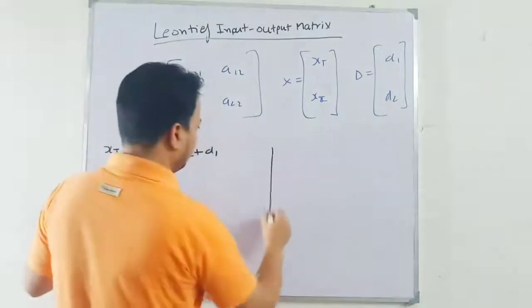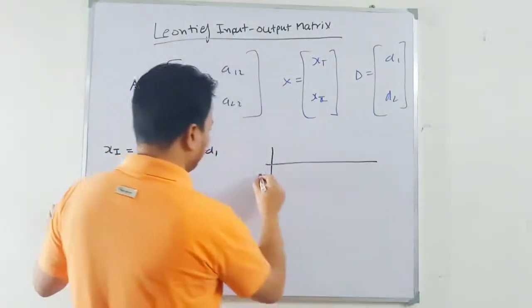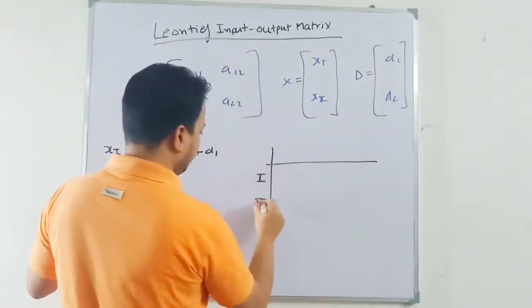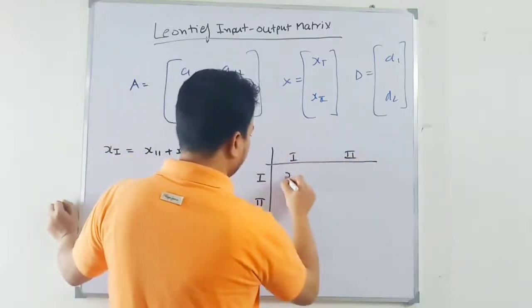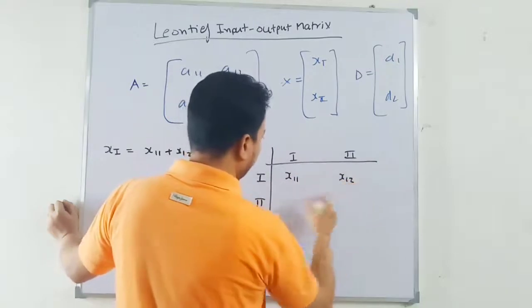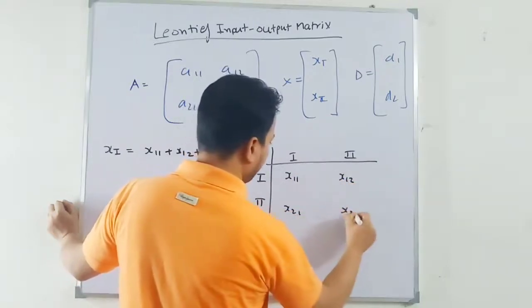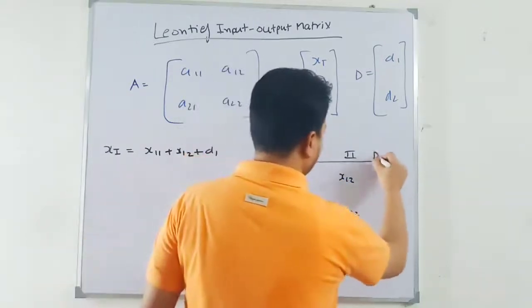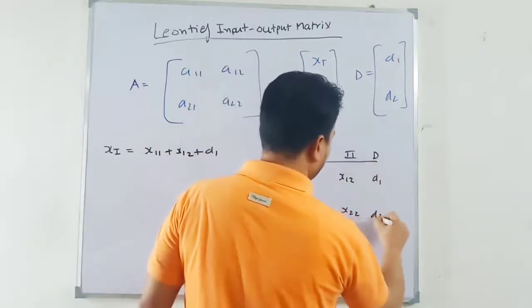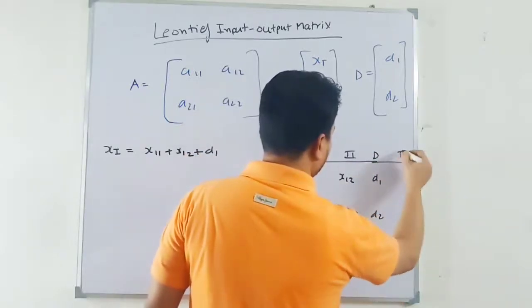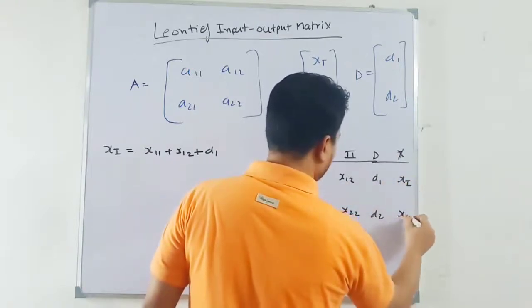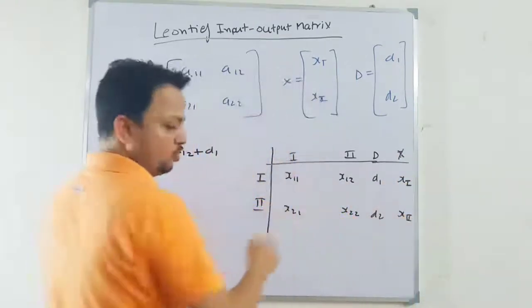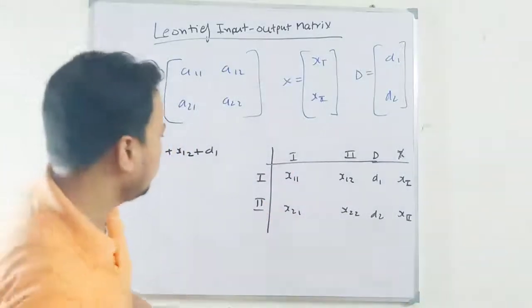This thing you know, I just write it out. This is first, this is second: x11, x12, x21, x22, and this is external demand d1, d2. This is total production of industry 1, and this is total production of industry 2. This represents the consumption of industry 1.